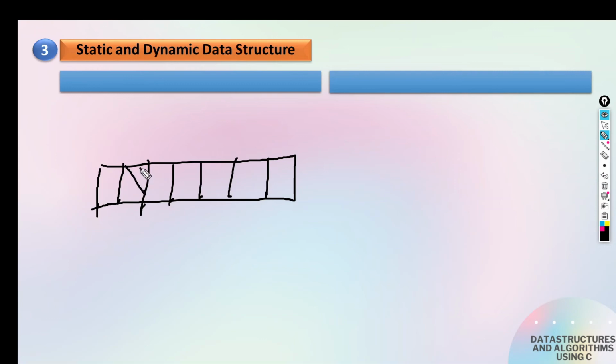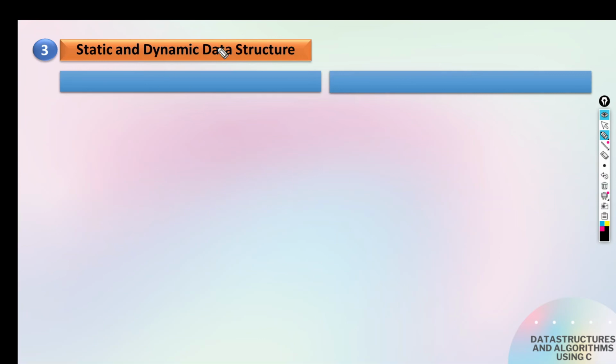If you want to delete any element, then also time consuming. सब right के ऊपर shift करना पड़ेगा, time consuming work, which is very easy in case of dynamic. Getting?